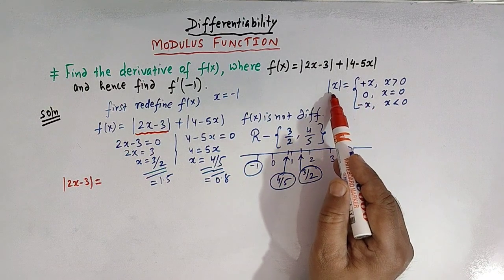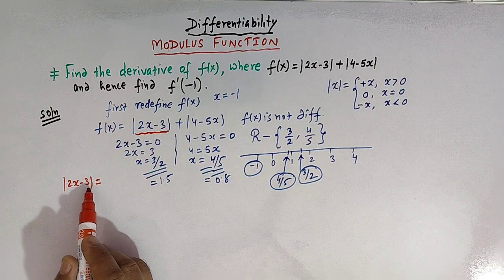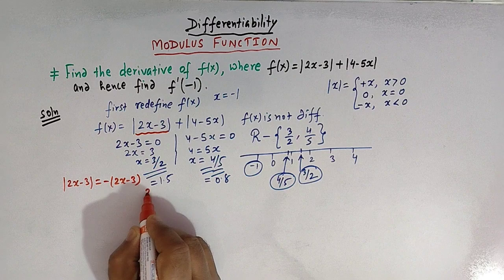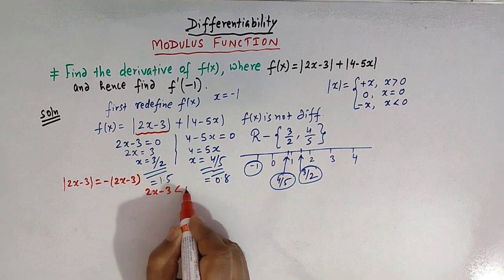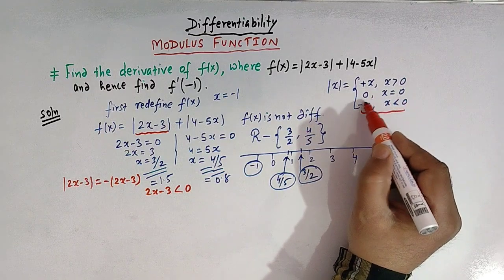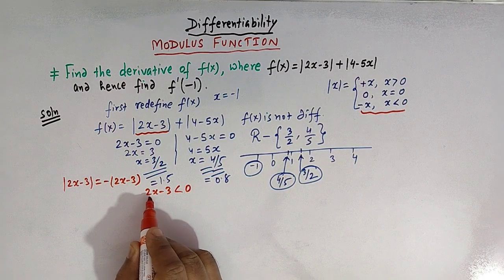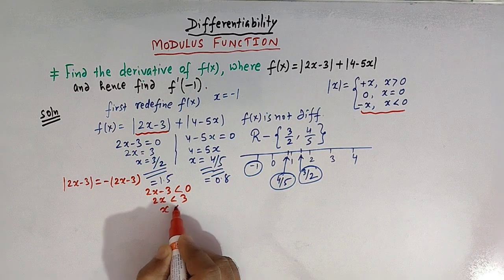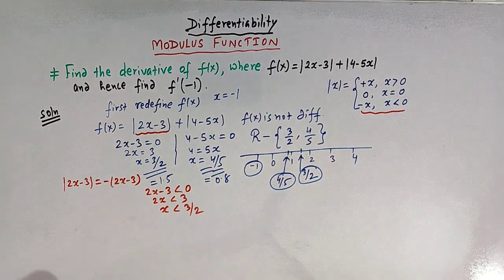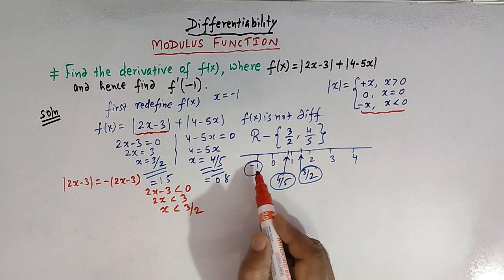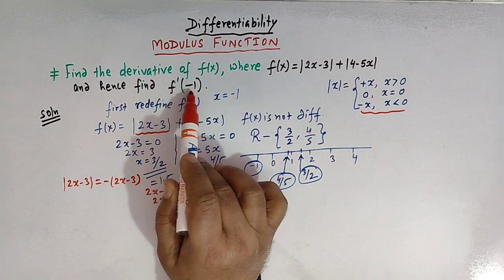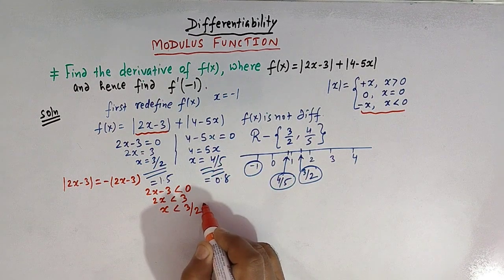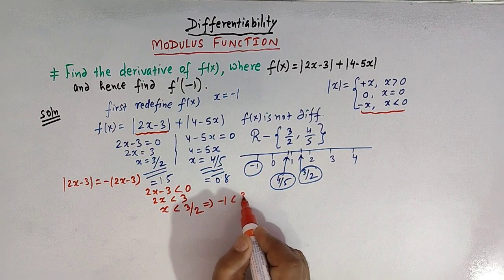By using this definition, |2x - 3| = -(2x - 3) whenever 2x - 3 < 0. Solving this inequality, we get 2x < 3 and x < 3/2. Now we have to find f'(-1), and -1 is less than 3/2.